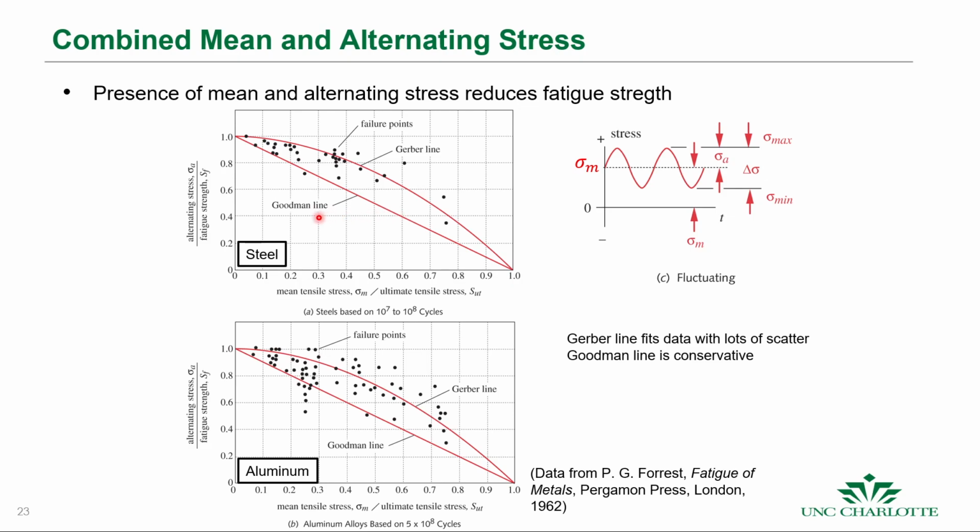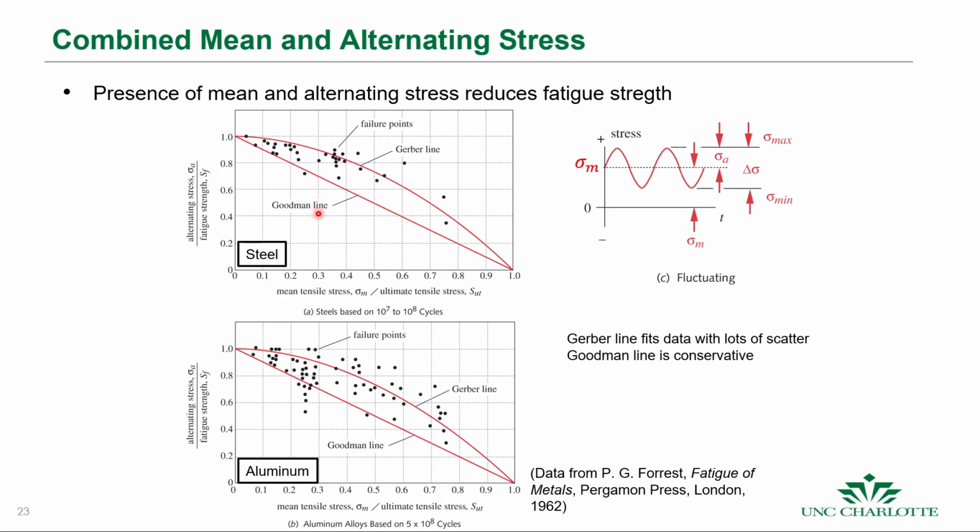If these are our calculated mean and alternating stresses, and the alternating stresses aren't going to change, then our safety factor is a ratio of the distance to this line if the mean stresses can change. If the mean stresses are going to pretty much stay the same, but there's some uncertainty in the alternating stress, then we'll take the distance to this line. That would be the shortest path to failure.